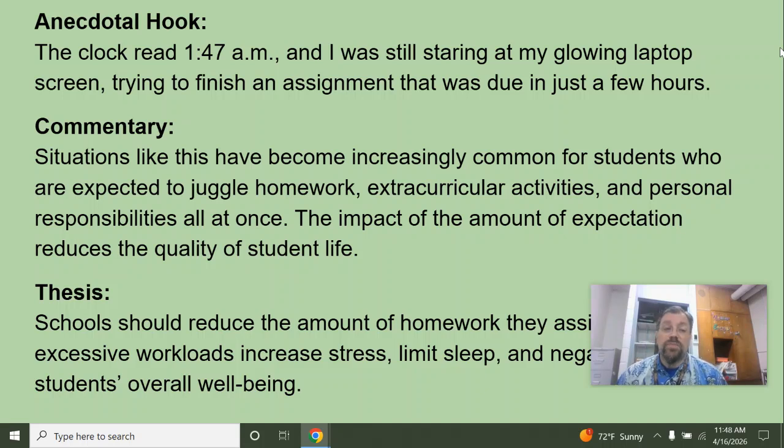The commentary explains it: situations like this have become increasingly common for students who are expected to juggle homework, extracurricular activities, and personal responsibilities all at once. The amount of expectation reduces the quality of student life. So they've explained it. That's what the commentary is. And now they hit their main point. Okay? So you have the hook, commentary, thesis. And that's what goes in your introduction.